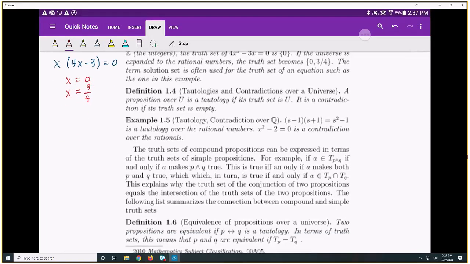A proposition over U is a tautology if its truth set is all of U. A proposition over U is a contradiction if its truth set is empty.